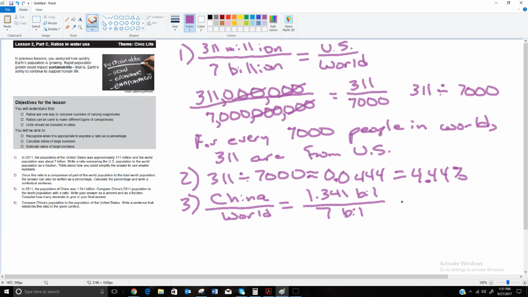And if we want to write that out with an actual number, that would be 1341. We have to be careful. Billion, if it's a whole number, we can just add on the 9 zeros, but here it's a decimal, so we have to think of it shifting 9 decimal spots. So 1, 2, 3, 4, 5, 6, 7, 8, 9. So that's 1,341,000,000.